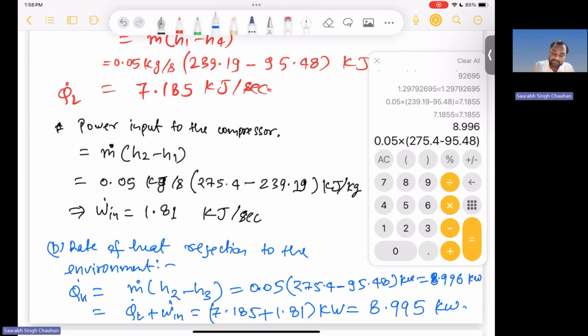Okay, so they are basically the same values, right?